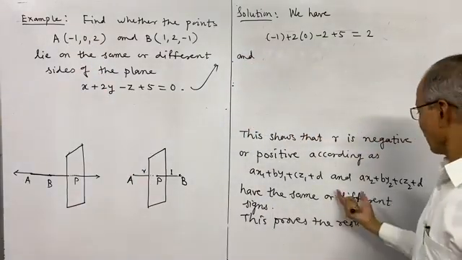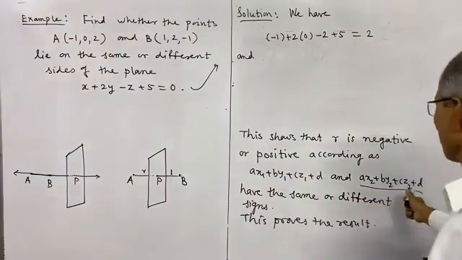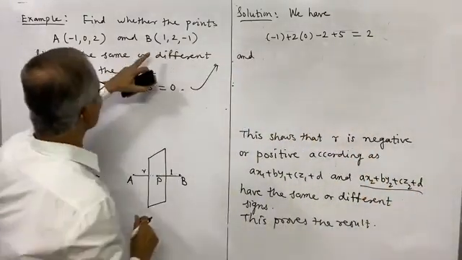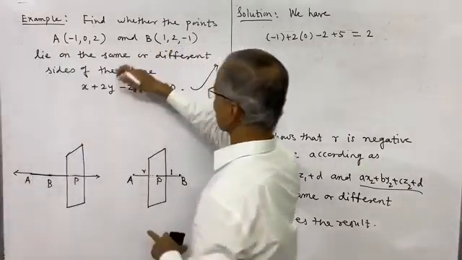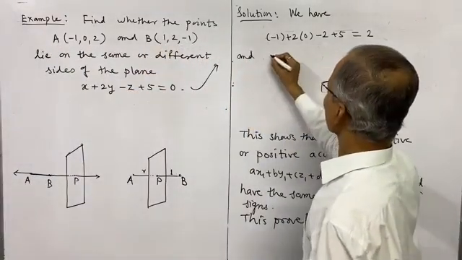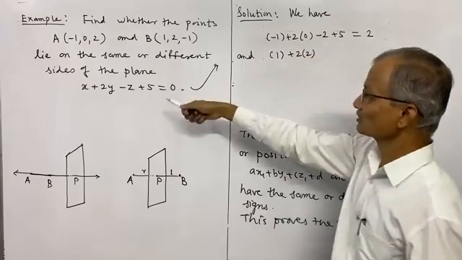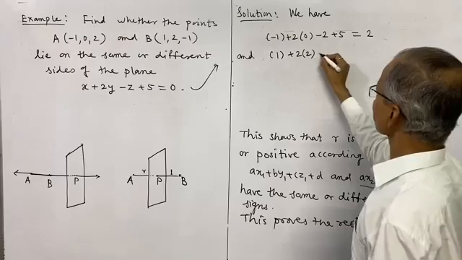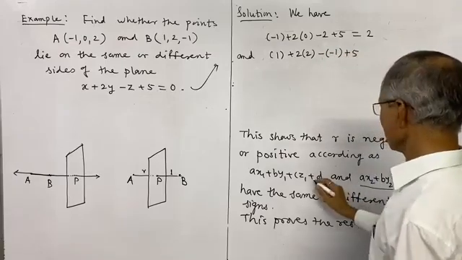Now second, we should find a x2 + b y2 + c z2 + d, so put these coordinates in this expression: x is 1, plus 2 into 2, y is 2, and z is -1, plus 5.